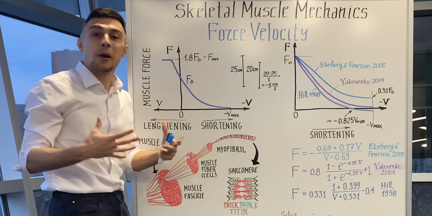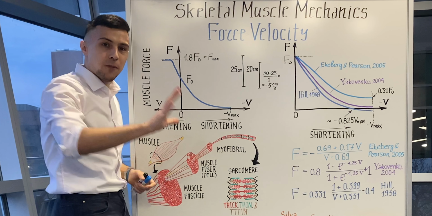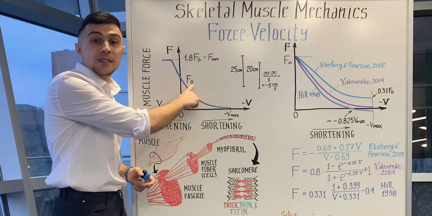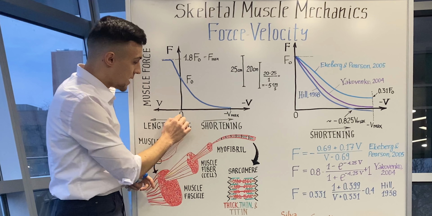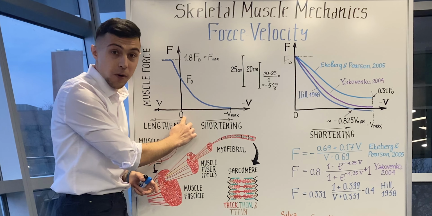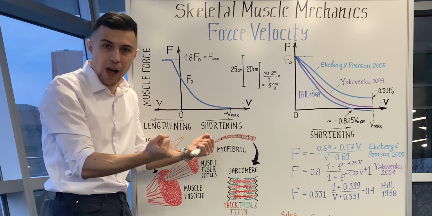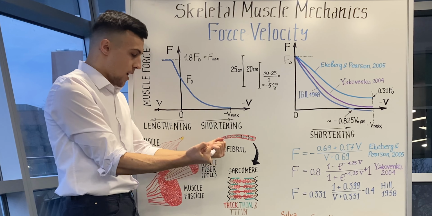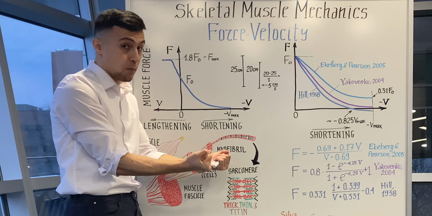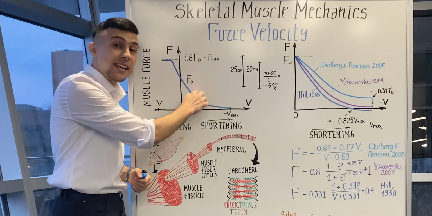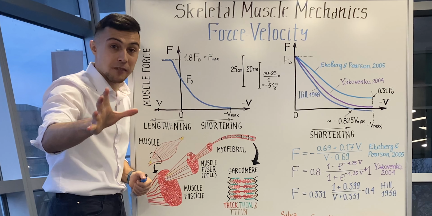So now let's talk about why that is. First of all, I need to tell you what this F naught is. See how it corresponds to the velocity of zero. F naught is the maximal isometric force, the force that your muscle can generate when you're not moving.